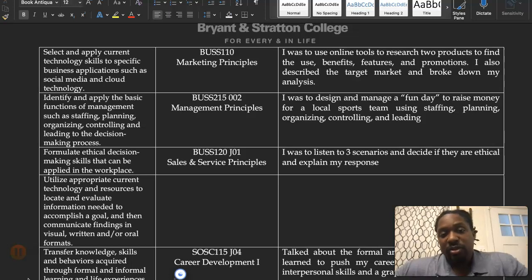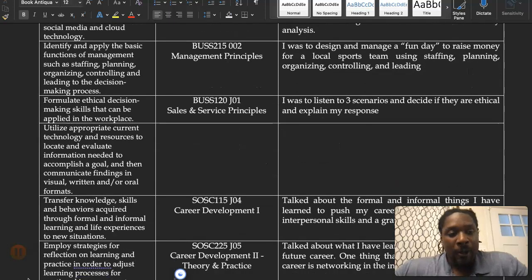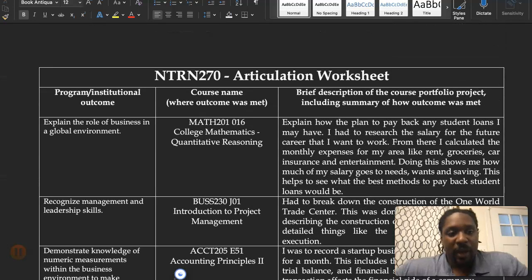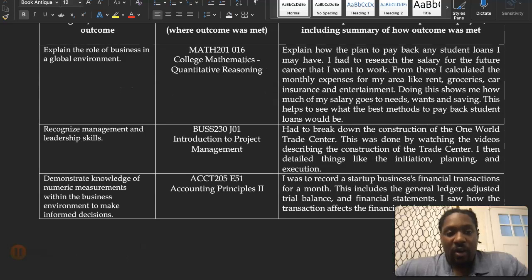And these were sort of difficult, sort of elaborate scenarios that it could go either way, but I feel like I made the right choices and it helped me decide what's the right thing to do. And that's it for my program outcomes.